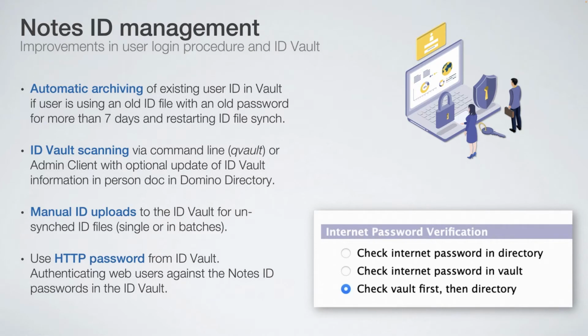So it is easier for your users just to remember and work with one password, which is the Notes ID password, and they can use it for web access as well. It could make calls to your help desk and helpline less, if they are struggling resetting and changing internet password and Notes password and so on. So this could make your life easier.